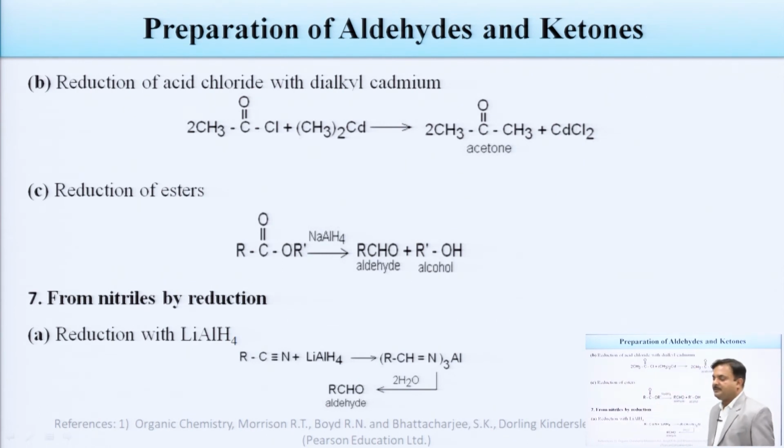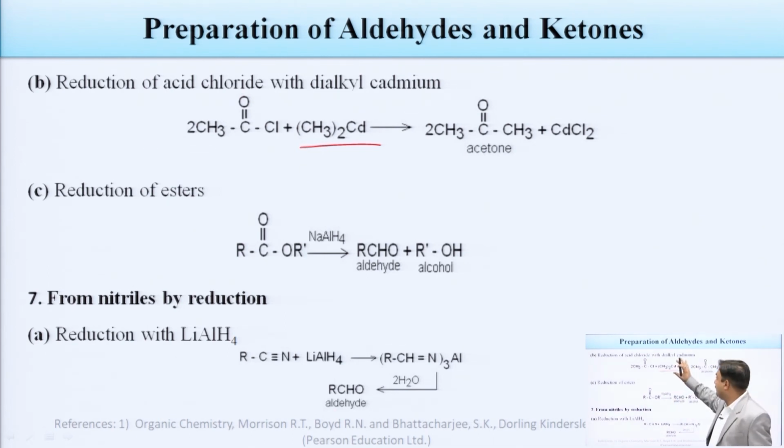Now, the next method where we are using acid chloride again comes under the category of reduction reaction. So, here you can see acid chloride has undergone reduction, but this time we are using a different chemical to react with that particular acid chloride, and we are using dialkyl cadmium.